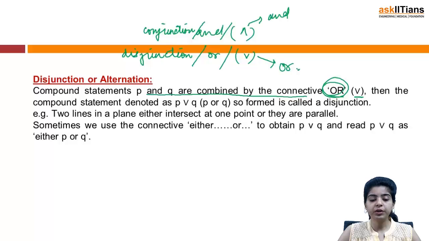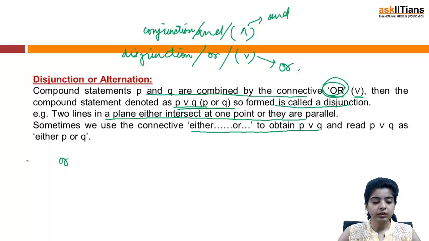Then the compound statement denoted as P or Q, read as P or Q, so formed, is called a disjunction. Example: two lines in a plane either intersect at one point or they are parallel. Sometimes we use the connective either-or to obtain P or Q, right? So generally you use either-or, or you have it just as OR.